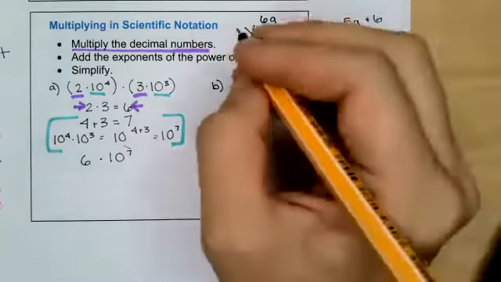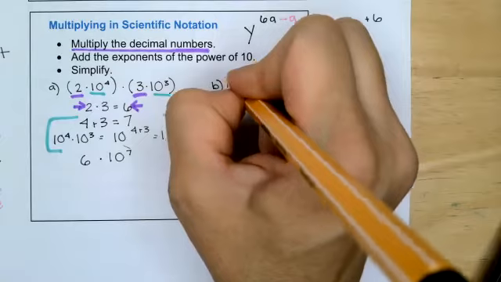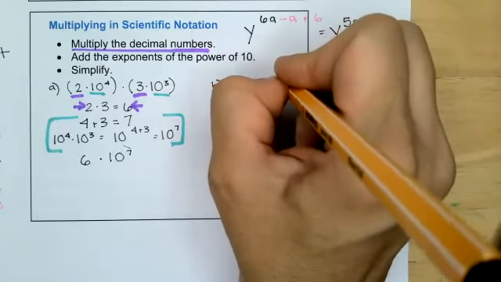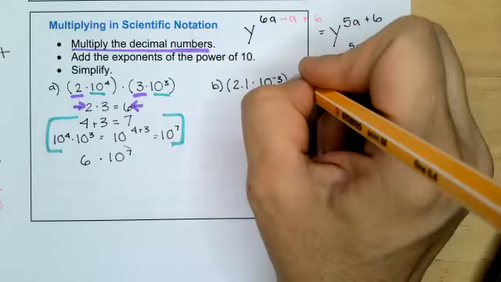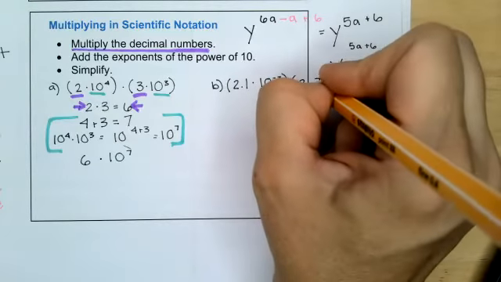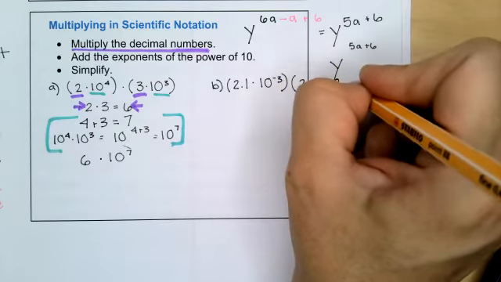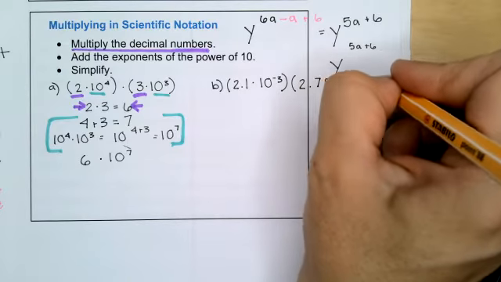Good. All right, let's make it a little bit harder. 2.1 times 10 to the negative 3rd times 2.798 times 10 to the negative 9.